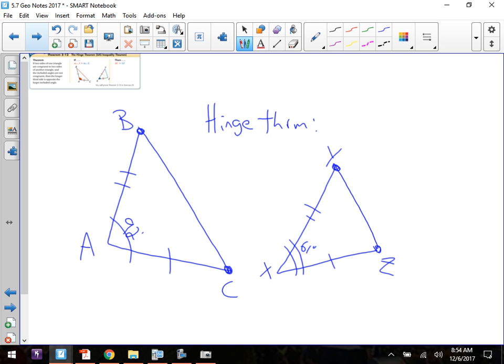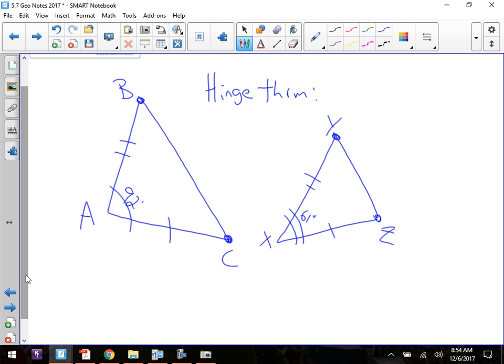So when you're looking at two separate triangles, which of these two angles is larger, the angle A or angle X? A, okay? So since angle A is larger than angle X, which side length is going to be longer, BC or YZ? Yeah, that's really all it is.